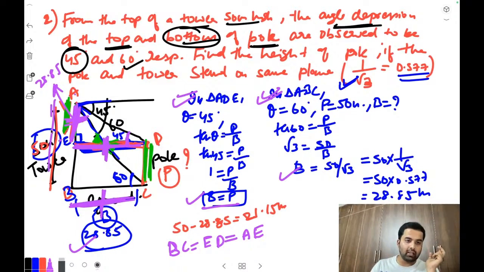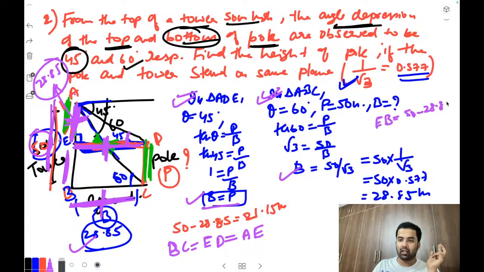As we know, AB is 50 meter. AE is 28.85. Can you figure out EB here? So EB becomes 50 minus 28.85. That becomes 21.15.